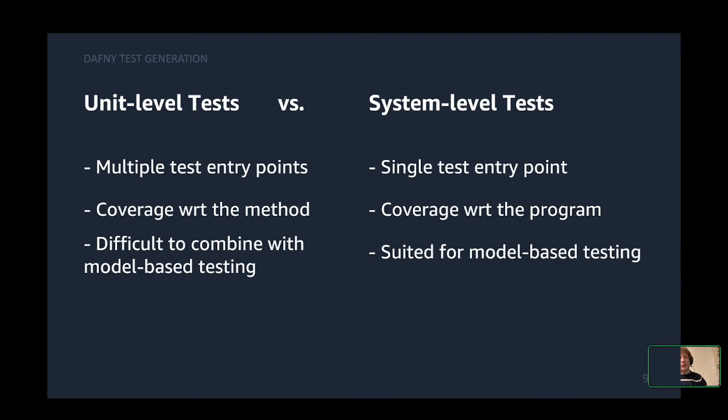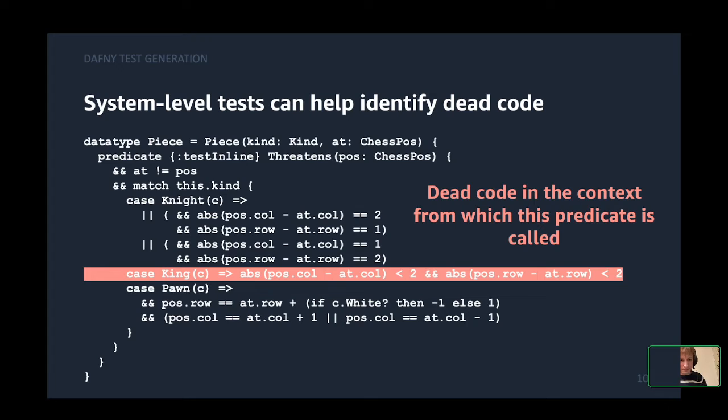And so that's why we want tests that generate inputs for one method, but cover the entire program and all the methods within. And another benefit of system-level testing is that it can help you identify dead code of a particular type. Specifically, I'm talking about dead code that is dead not in the context of a particular function, but in the context of a program.